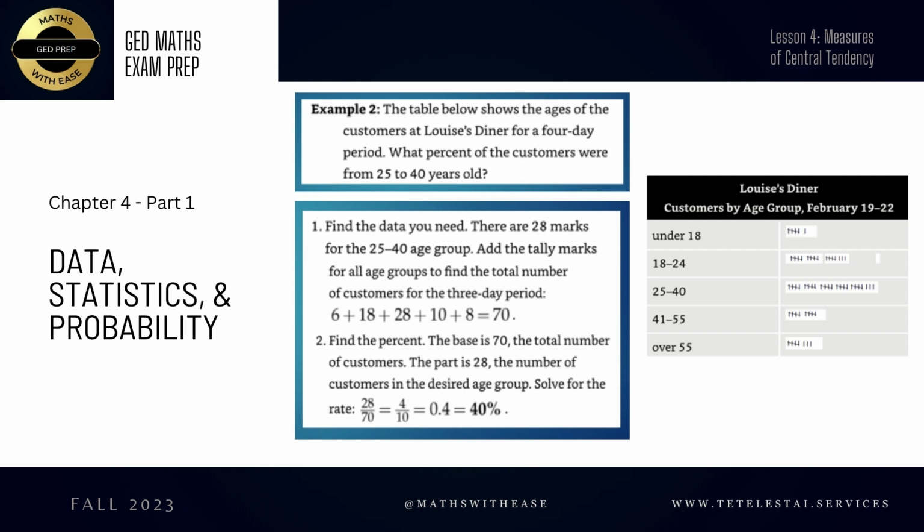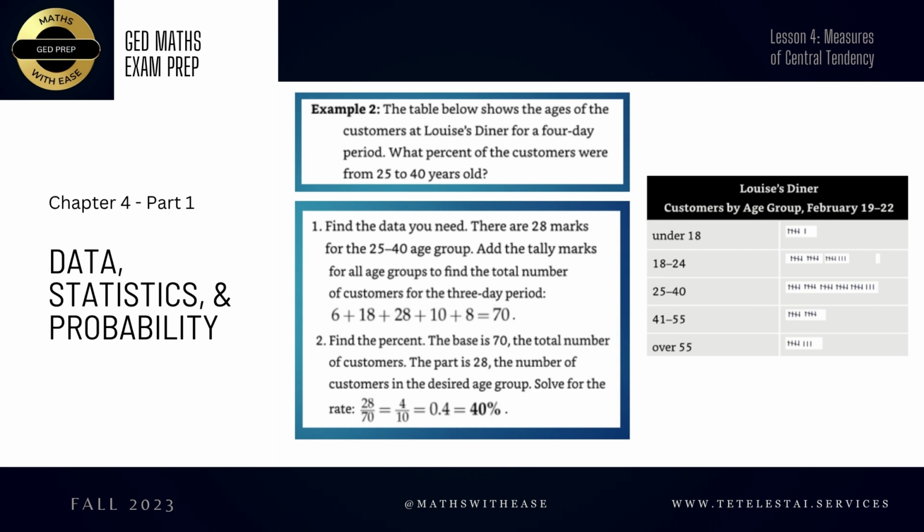And then we need to figure out percentage based on the total number of customers, okay? So again, we started by figuring out that there are 28 marks that represent this age range, right? Based on the information that's being presented. And then the next step we need to do is find the number of individuals represented for the remaining age ranges, okay?